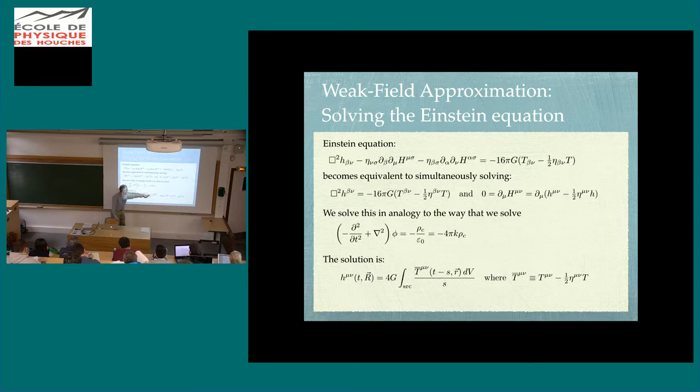I'm evaluating that at t minus s, where s is my distance in meters, and I'm measuring time in meters, and I'm going to integrate over the source. Our little r coordinate is inside the source, and I'm integrating over all those little r's. And that's the answer.